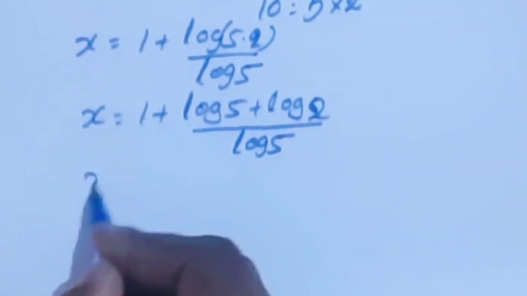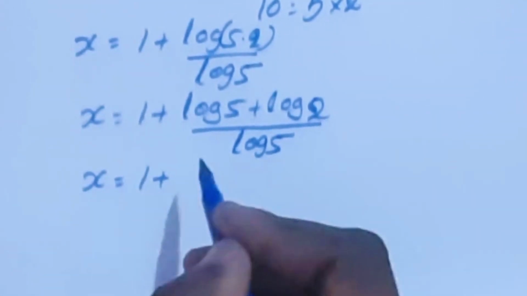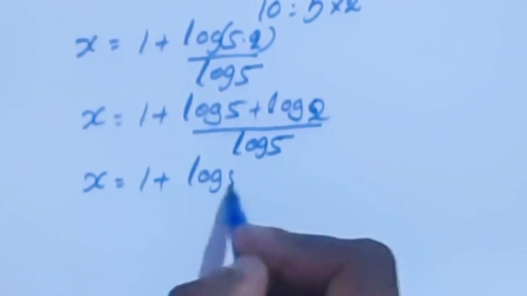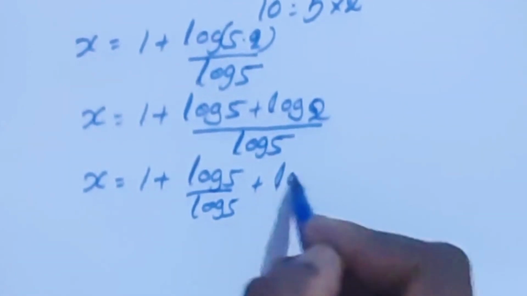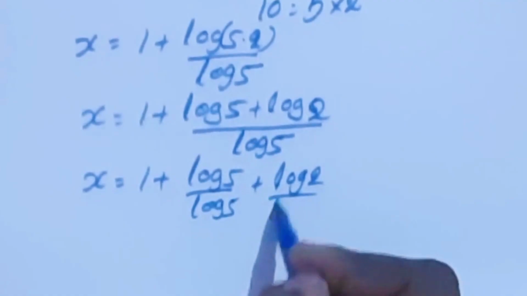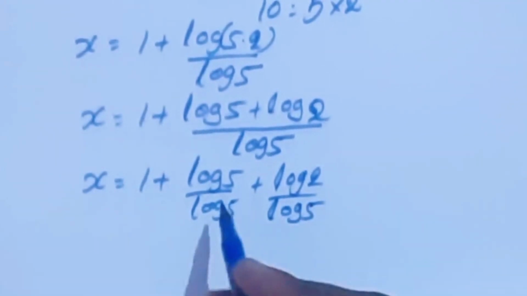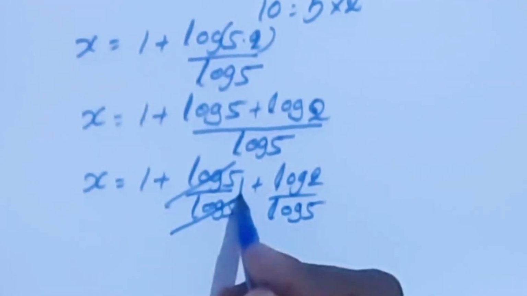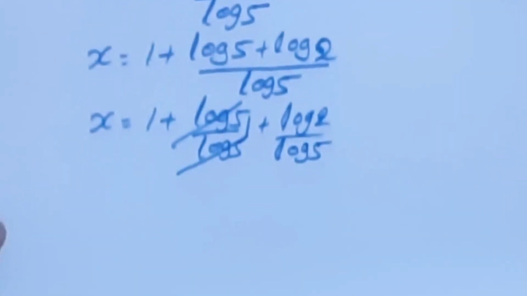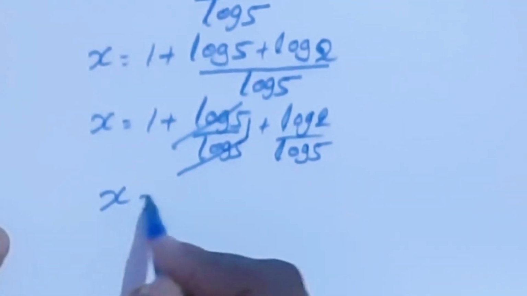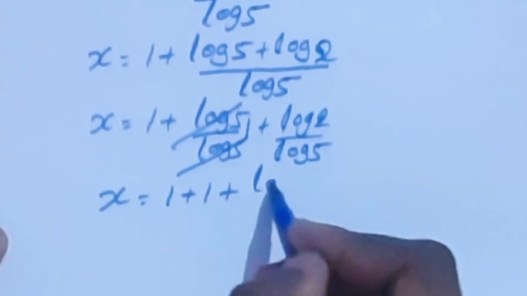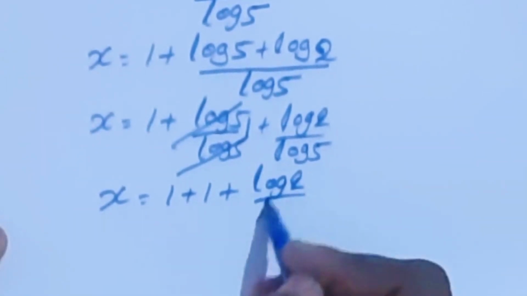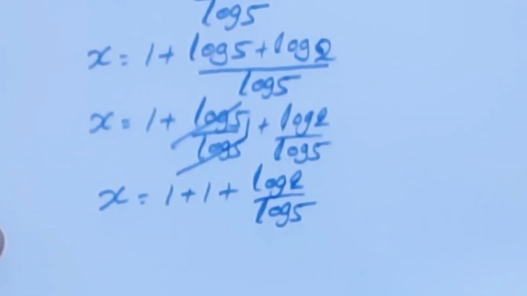Here x equal to 1 plus log 5 by log 5 plus log 2 by log 5. Now this log 5 cancels. Here we have 1. So x equal to 1 plus 1 plus log 2 by log 5.